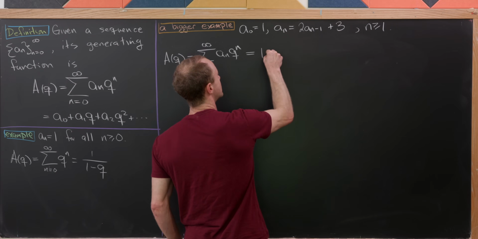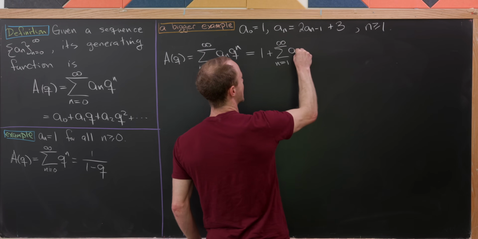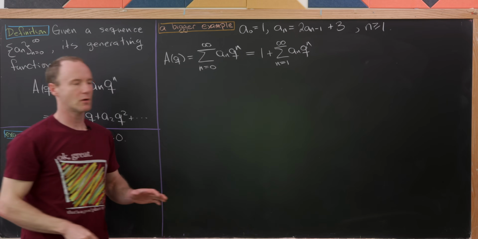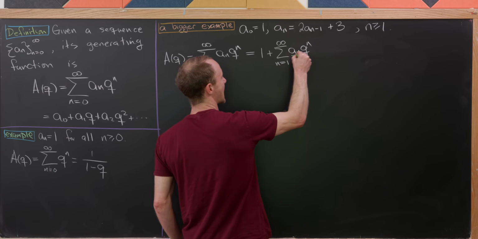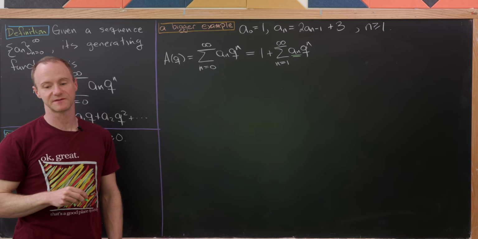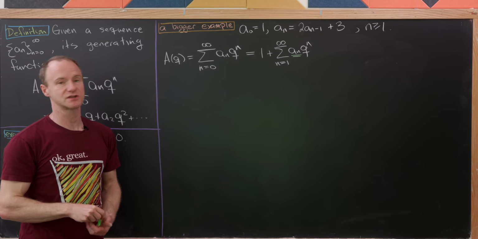We have 1 plus the sum as n goes from 1 to infinity of a sub n times q to the n. Okay, but now we're going to observe that this a sub n term here can be rewritten using the recursion that's defining our sequence, given that the index here is at least 1.